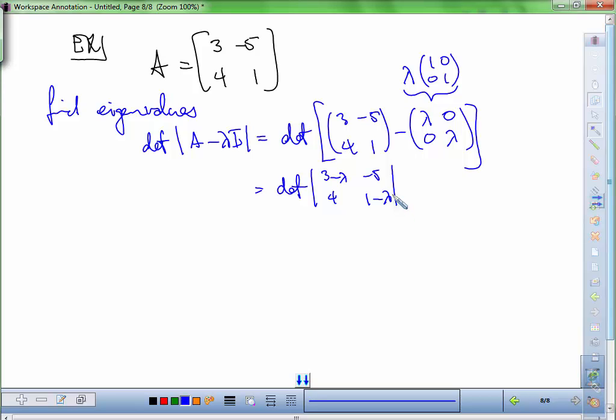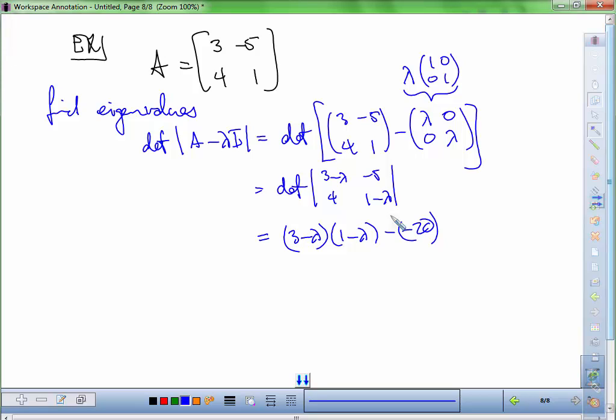And do you remember how to find a determinant of a 2 by 2 matrix? With the Wronskian, we did that already, right? So it's multiply the diagonals minus the product of the wings. So we have 3 minus lambda times 1 minus lambda, minus 4 times negative 5, which is negative 20, so I'll put negative 20 here, and then we'll make that positive in a minute. Okay?